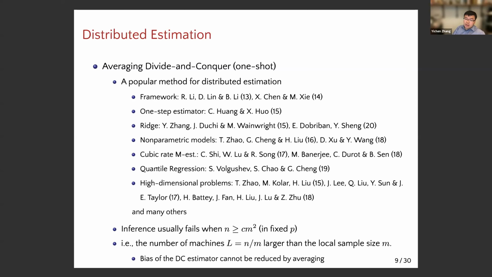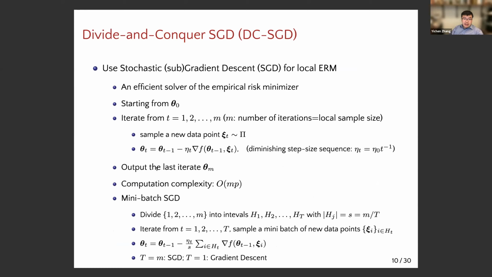So, using this idea, let's start with a very typical method called divide and conquer SGD. That typically means that on each local machine we solve the local empirical risk minimizer by stochastic gradient descent.